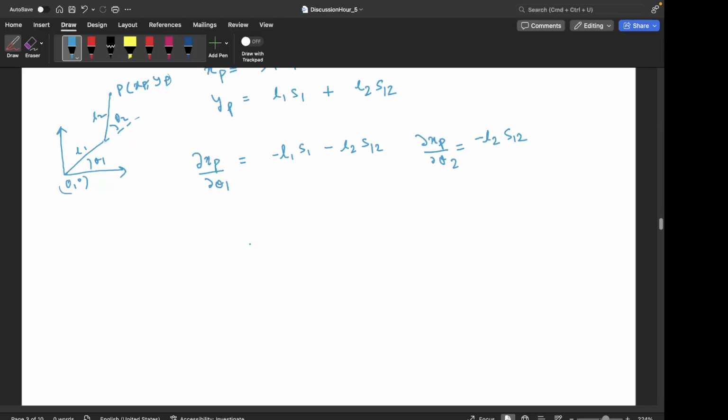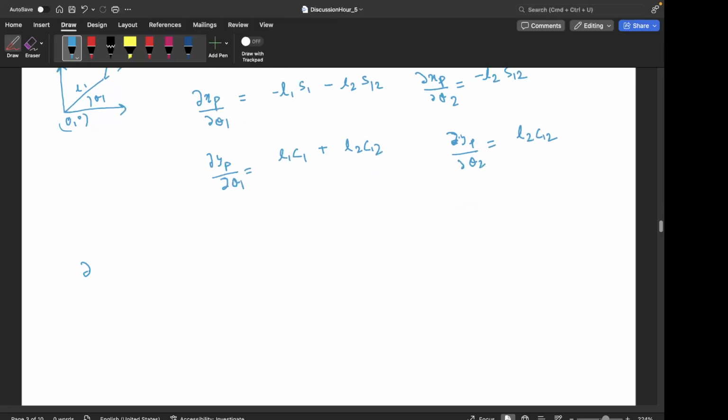Similarly for yp, del yp by del theta 1 gives L1C1 plus L2C12, and del yp by del theta 2 gives L2C12.